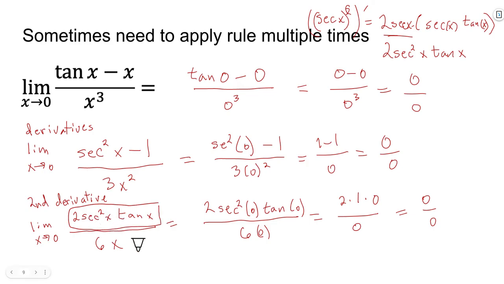You could also maybe do this, you could make it a little bit easier. Secant squared, there's a trig identity, right? Was it secant squared equals tangent plus 1? Or is it secant squared plus 1 equals tangent?